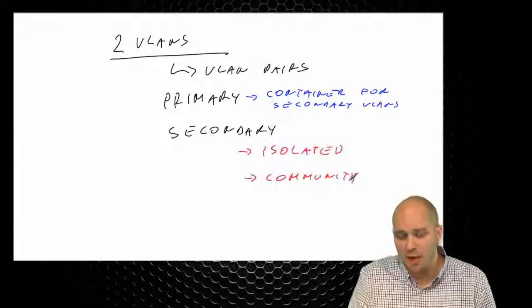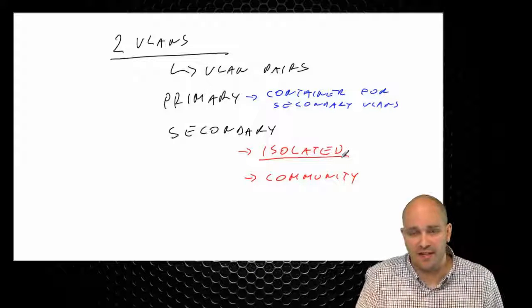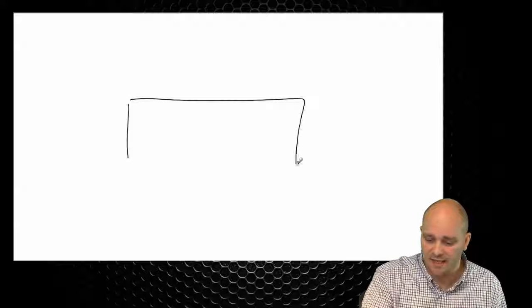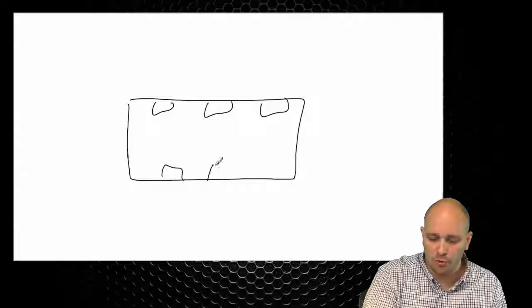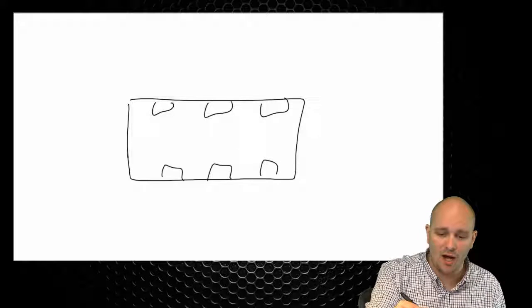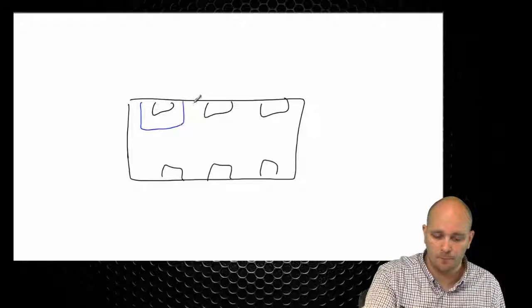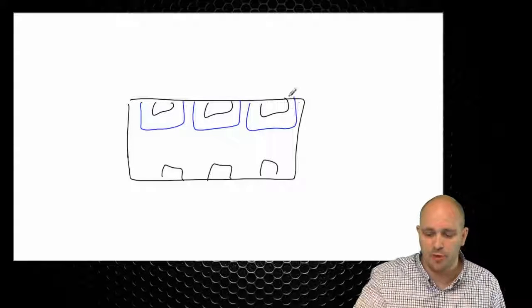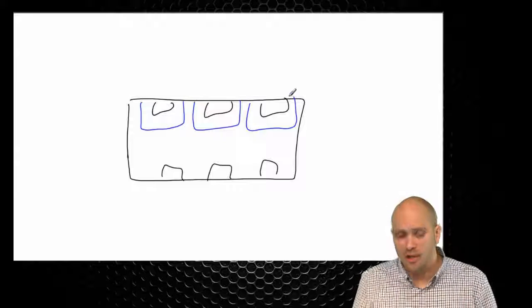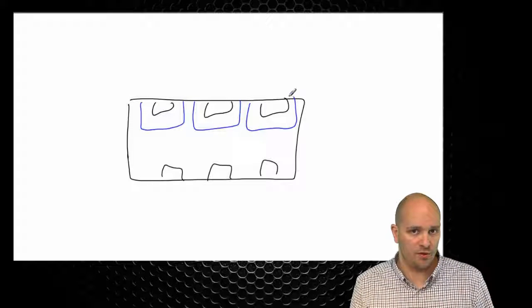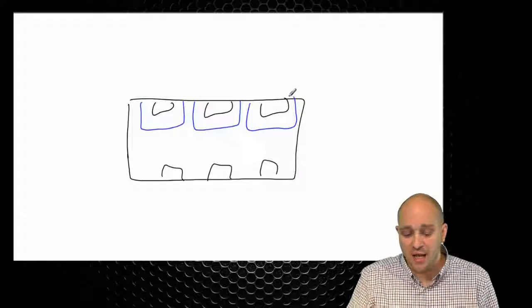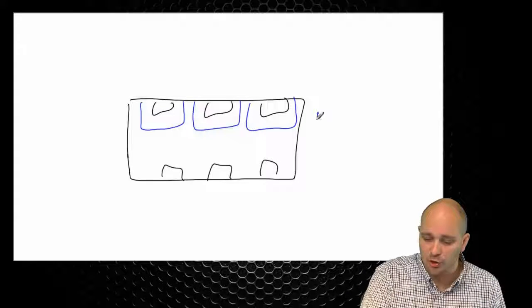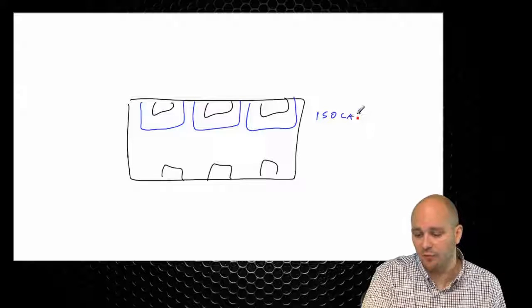I will first explain what isolated VLAN does. Now, when we have a switch, again, a single switch that has multiple ports, let's say that we want to isolate the traffic in these 3 ports. We do not want these 3 ports to be able to communicate with each other. This is what we can solve using protected ports, or also we can use isolated VLAN for that purpose.